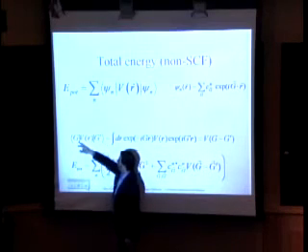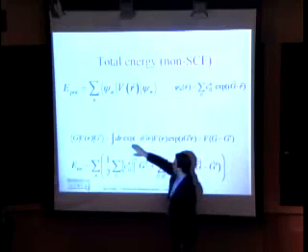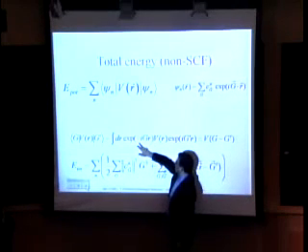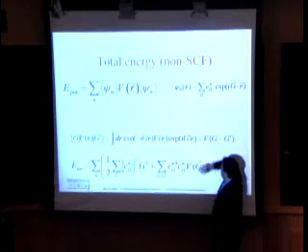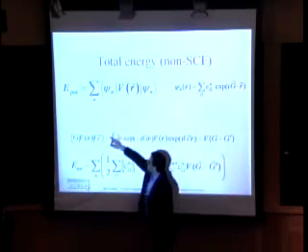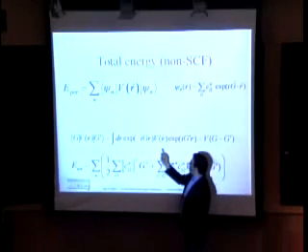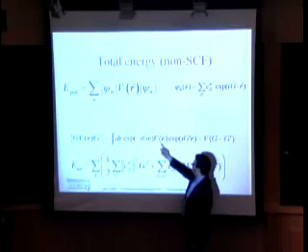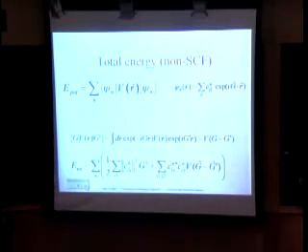I'm writing this expectation value between two plane waves, and so I have, same as before, the exponential of the complex conjugate, minus igr, times v of r times e to the ig prime r. And if you look at this, this is nothing else than the definition of the Fourier transform coefficient of your potential energy with respect to the wave vector g minus g prime.